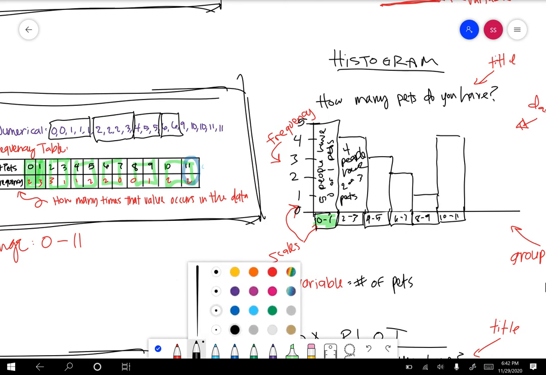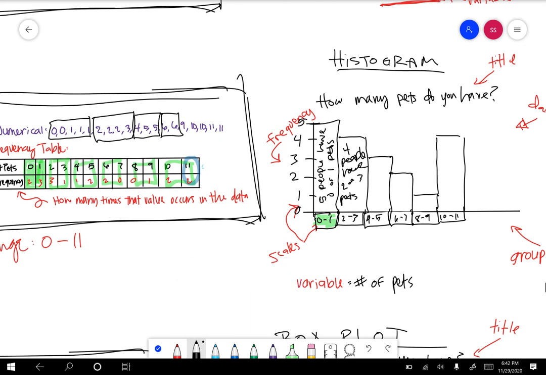And just based on having this information alone, like if we weren't actually shown the data or told anything else, we could look at this histogram and say, okay, whoever was surveyed here, 5 of the people who were surveyed have 0 or 1 pets, so 1 or less. We know that 4 people who were surveyed have 10 or 11 pets, right?